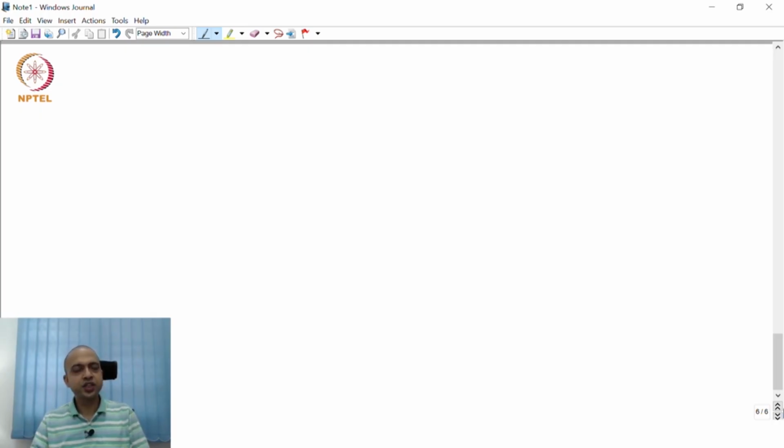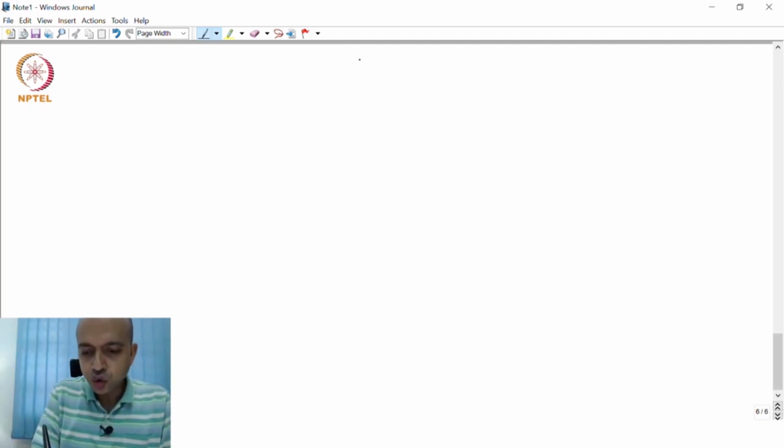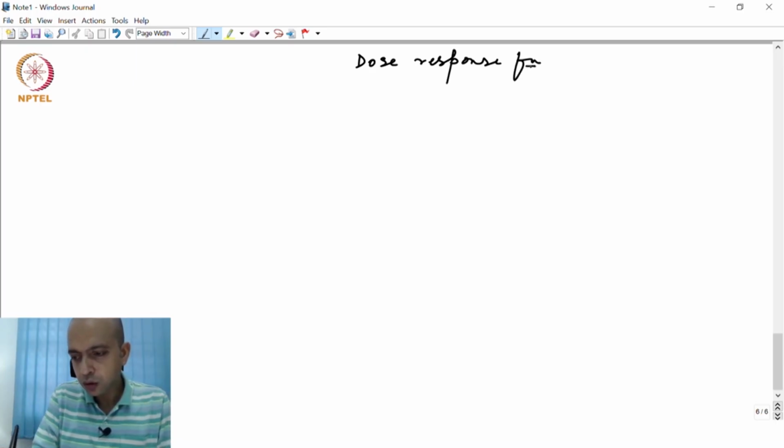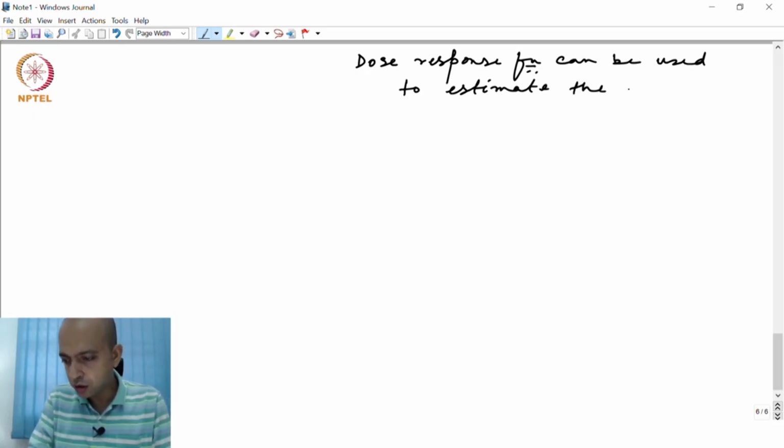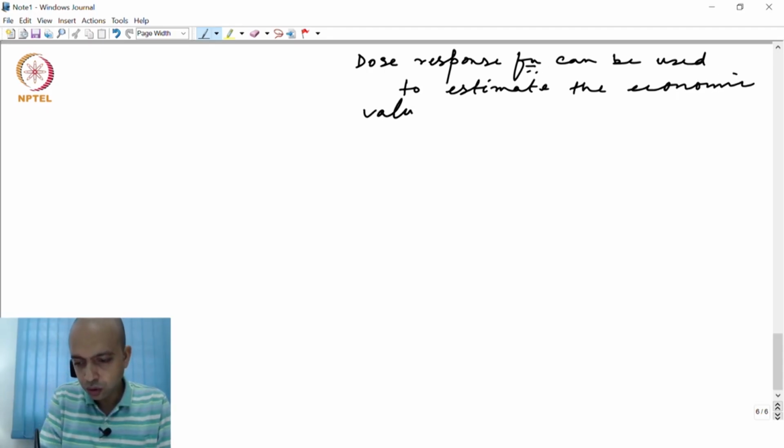Now recently, these dose response functions are also used to estimate the economic value of climate change. So dose response function can be used to estimate the economic value of climate change.